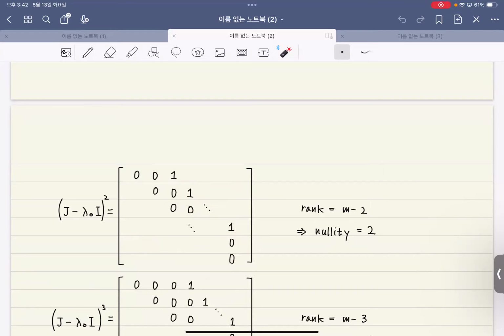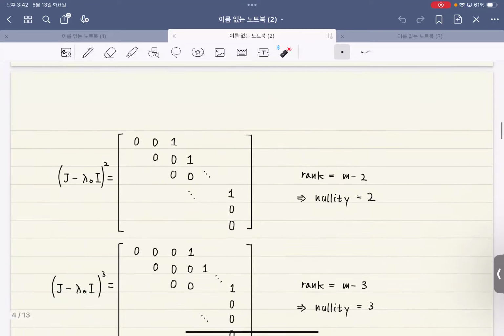If you cannot trust me, why don't you try this computation by yourself? Then you can easily be convinced. Now what is the rank of this matrix? I have non-zero rows from here to there, and I have 2 zero rows, right? So the rank of this is n minus 2. Therefore, the nullity is 2.